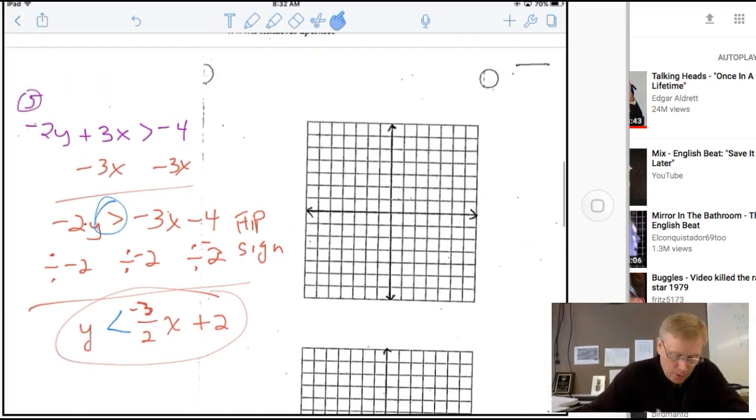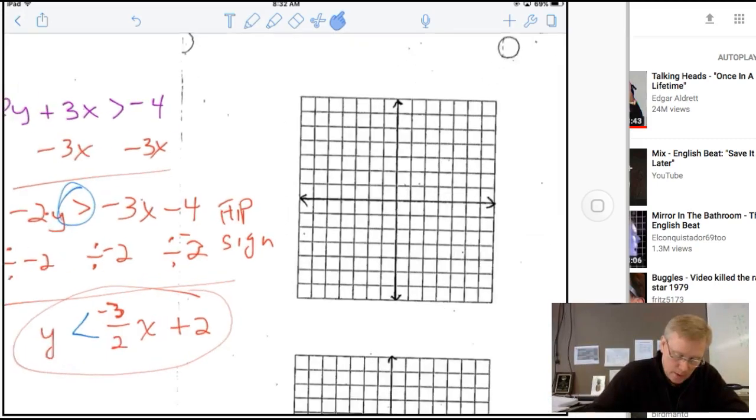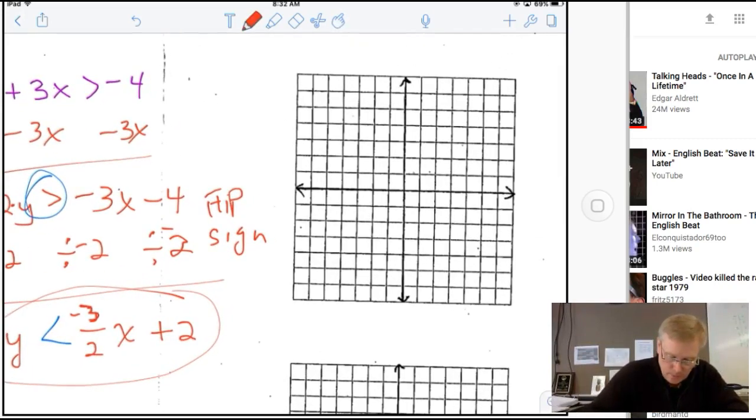All right, so I'm going to go over here. This is going to be a dashed line because it's got no line underneath it. It's just y is less than. I'm going to start at 2 on the y-axis. And this has a negative slope, so that's going to go this way. So I'm going to go up and to the left, up 3, left 2, ran out of space that way, so I can also go down 3, right 2. That's the other way, down 3, right 2.